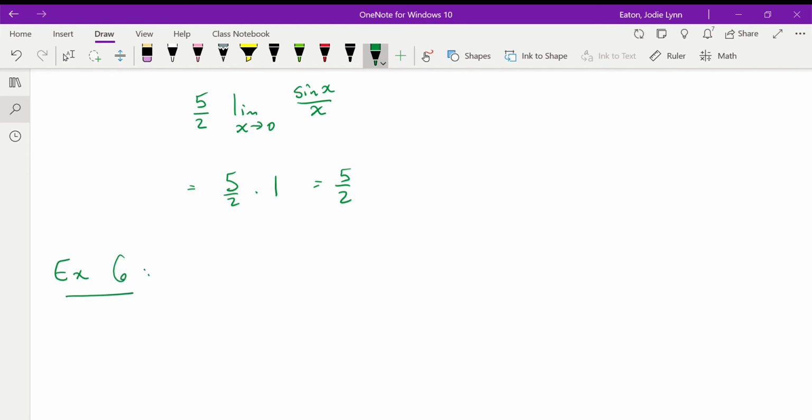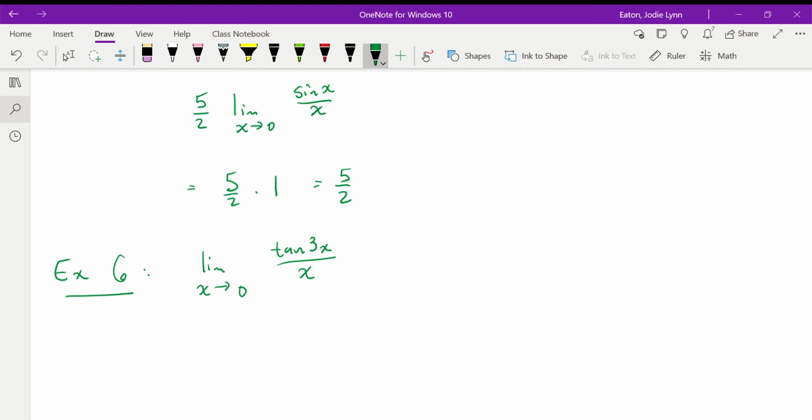Okay, so this is the limit as x approaches 0 of tan 3x over x. So we have a 3x, and this makes it look like we might have to use a double angle, and we don't really have a triple angle formula, but we do have a sum of two angles formula. But let's see what we can do without it, because remember, we're trying to take a limit.